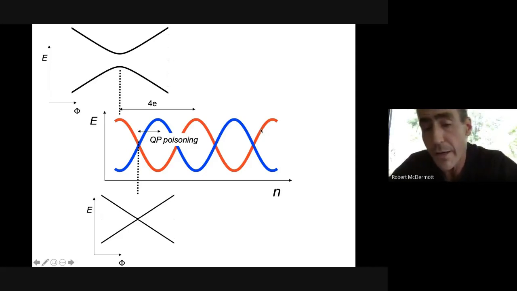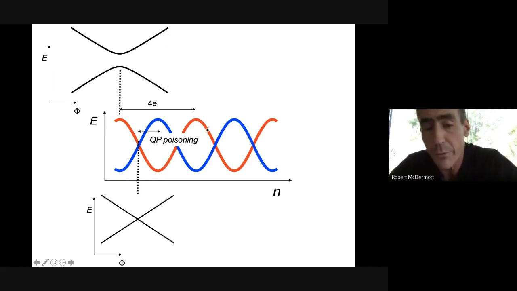On the other hand, I want to point out that if we're biased at half e points, there are some quasi-particle sweet spots where poisoning would, let's say, take us between these two points in this energy diagram, or between these 2 points, that would preserve the magnitude of the tunnel splitting between our 0 and pi states.